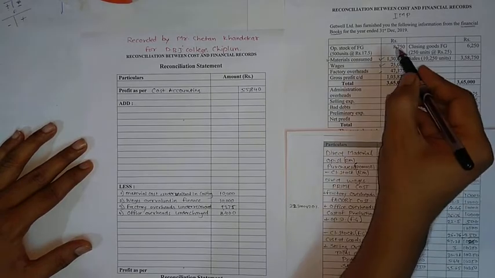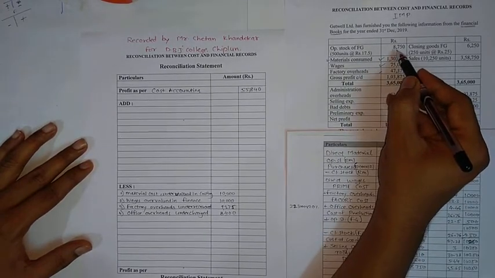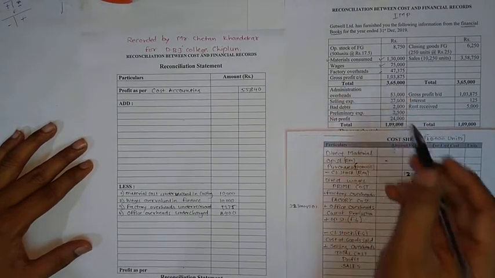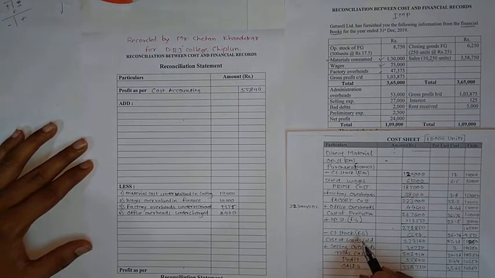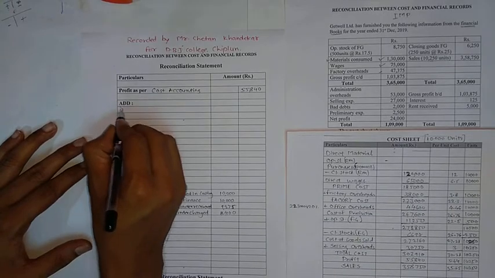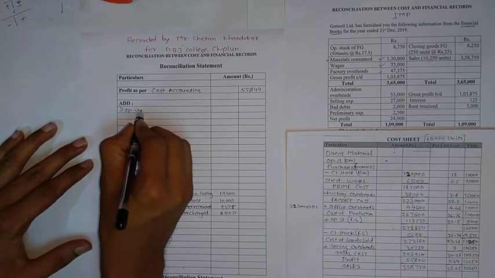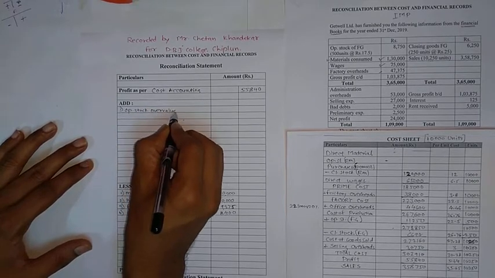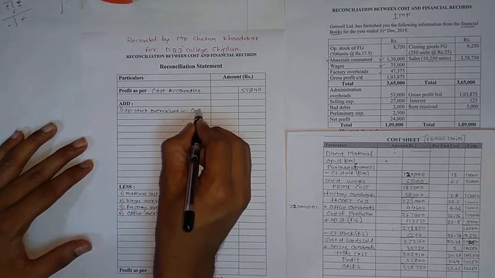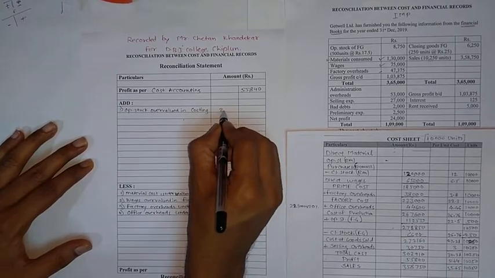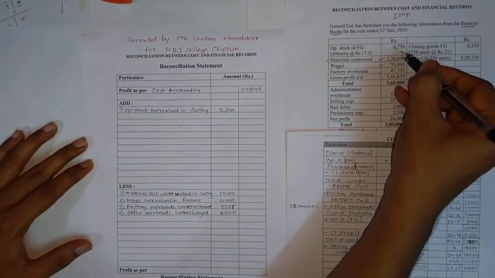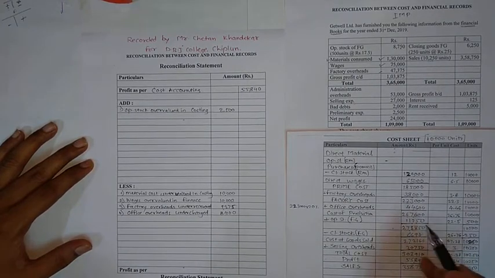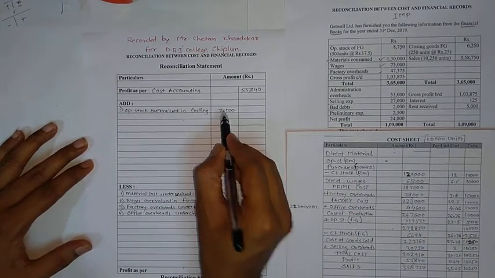After office overheads, opening stock of finished goods, it is 11,250, and here it is 8,750. In this case, costing item is more than finance. So when opening stock is overvalued in costing, it is added. Opening stock overvalued in costing. Difference between 8,750 and 11,250, it is 2,500, it is add.